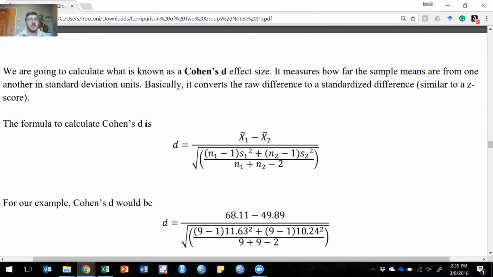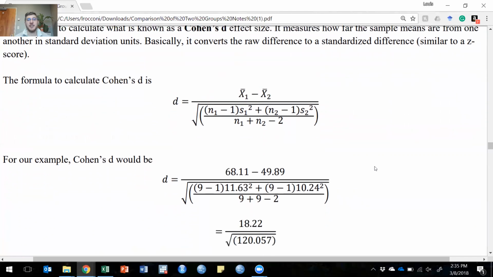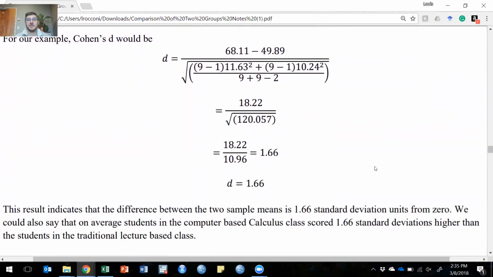Here's the formula to calculate Cohen's d. It's the difference between the means divided by the weighted pooled estimate of standard deviation, where we take the two sample standard deviations and basically average them.